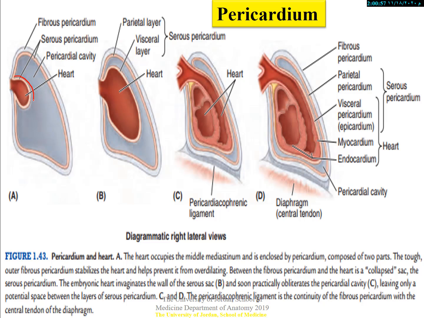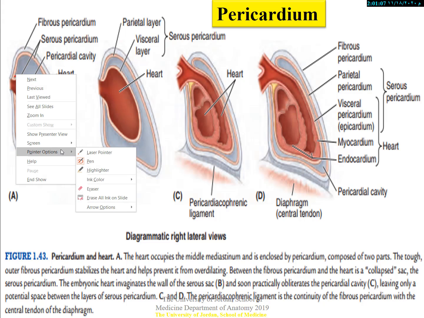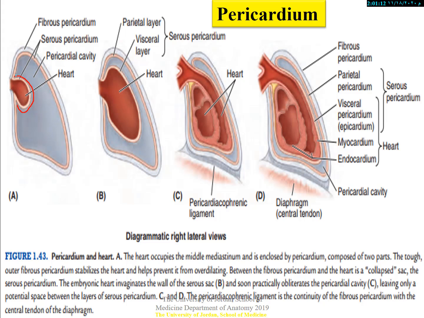The same story should be repeated for you with the pleura of the lung. So this is the visceral part, and what has been left here, we would call the parietal pericardium. So this is all parietal.